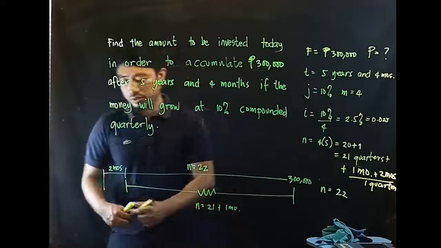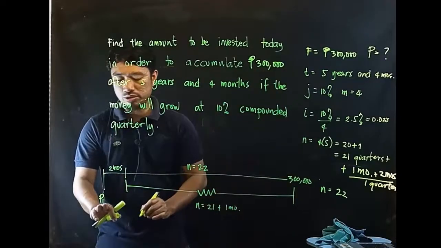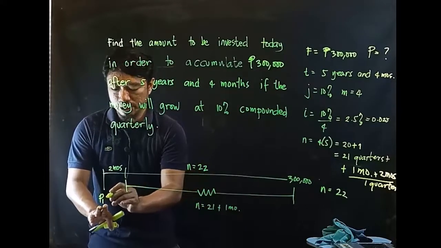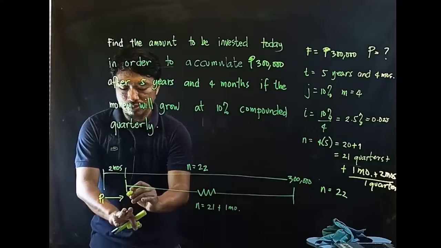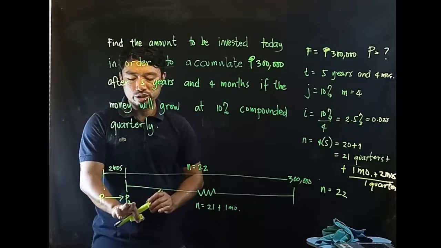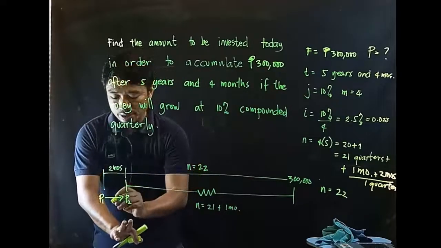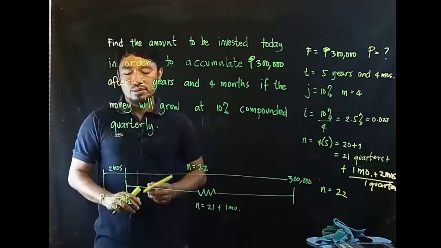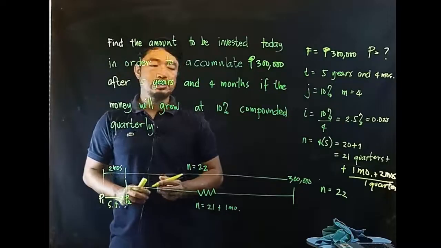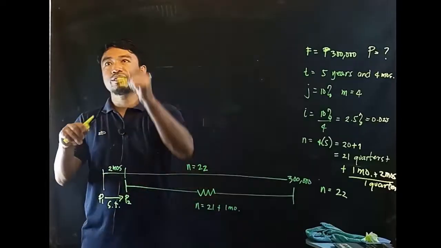So first, we're going to compute the temporary present value at this point, and then we're going to accumulate this P1 towards this part of the timeline, P2, in which P2 is the true present value, using simple interest for a period of 2 months with the rate of 10%. So again, this is a 2-step process.